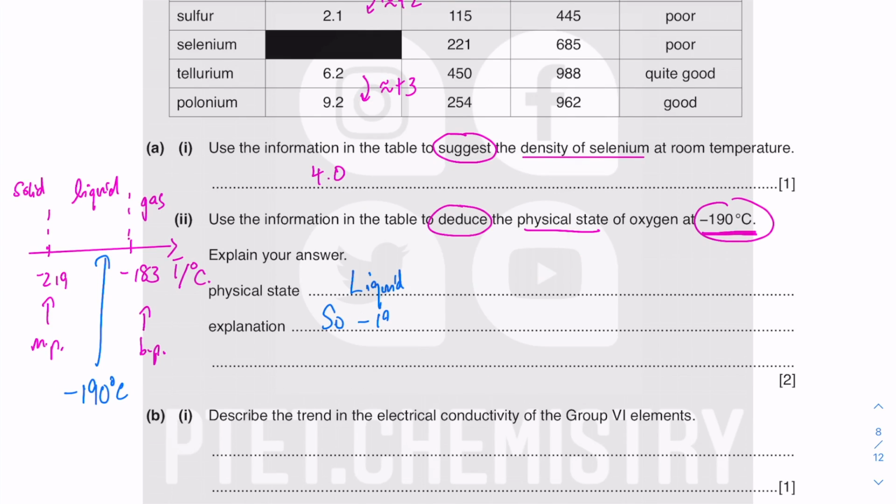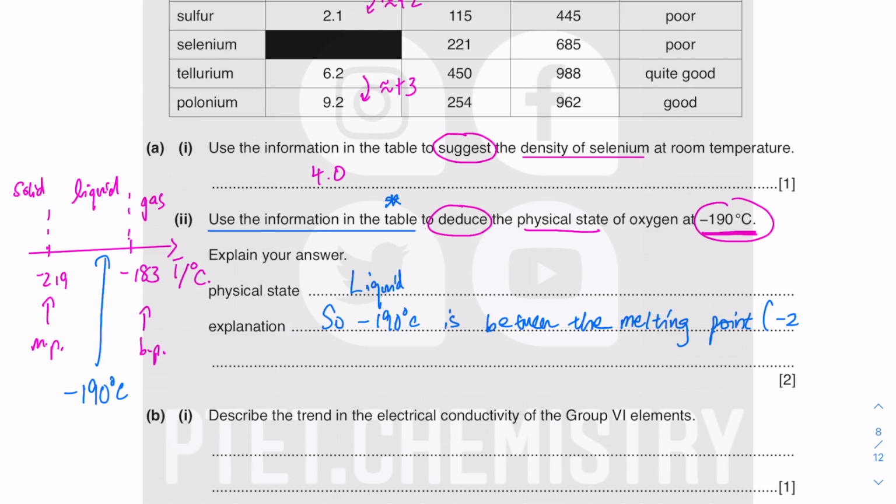So, minus 190 degrees Celsius is between the melting point, which, you know, you have to use the data in the table. Use the information in the table. So that means you have to incorporate the data in the table in your explanation. I already put it in a diagrammatic form. You have to put it into a wordy form.